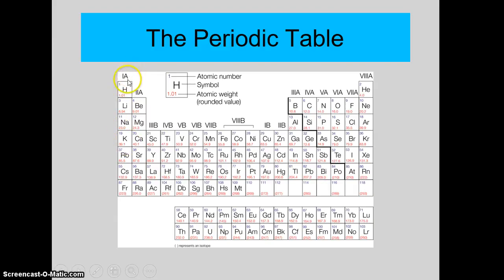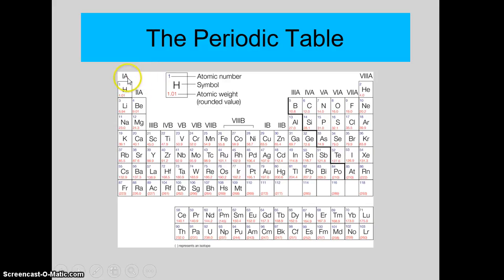Elements in column 1A, notice there's A columns and then there's B columns over here, and then we get back to A columns over here. The A columns are different than the B columns. We'll talk about that in just a little bit.